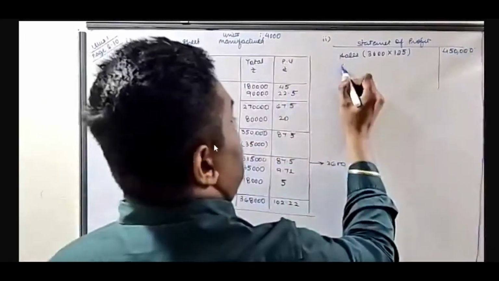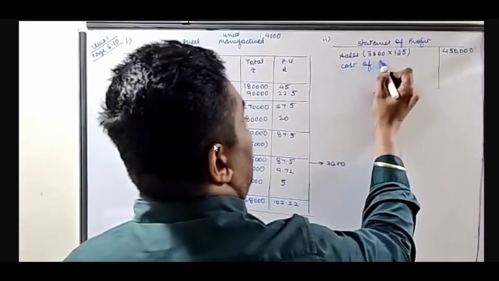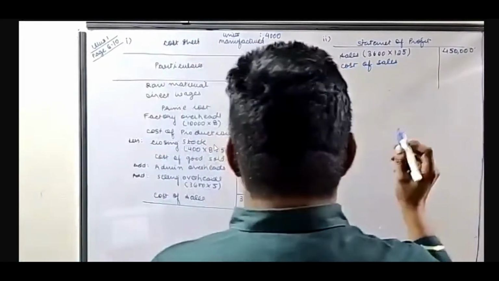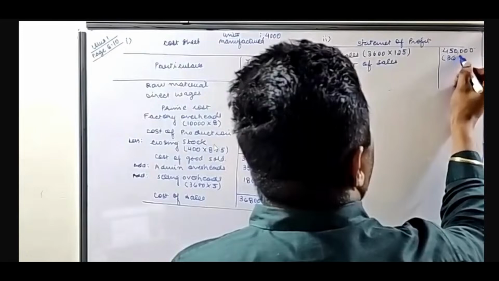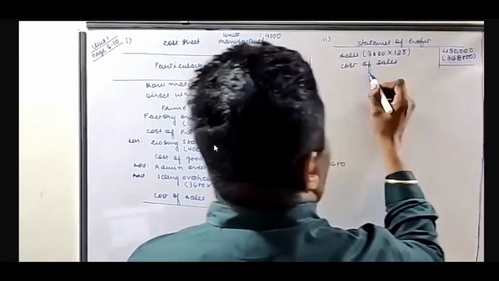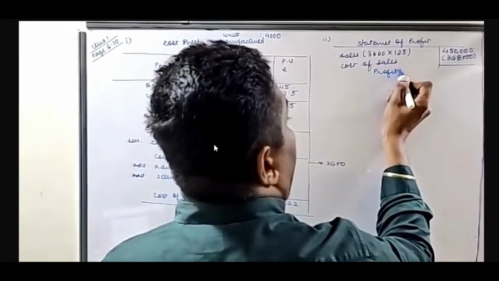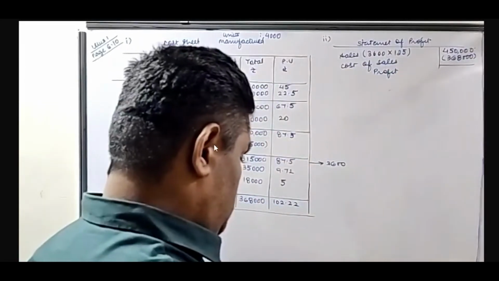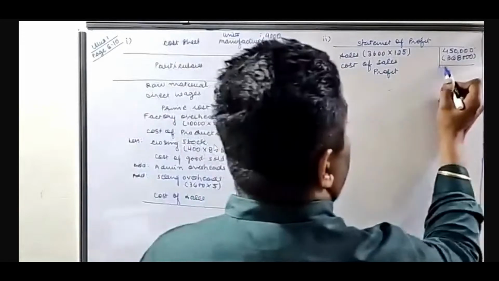Herein we will subtract the cost of sales for 3,600 units. So this is 3,68,000. So we'll get the profit figure. That is 82,000.